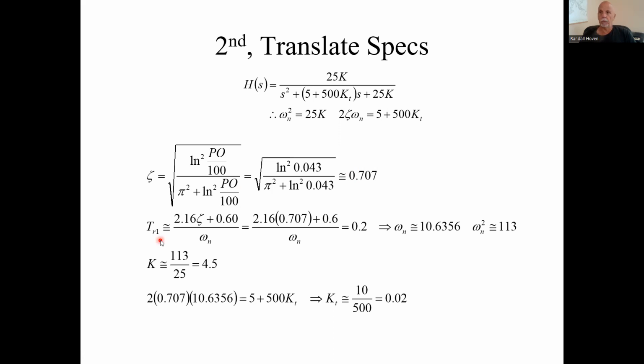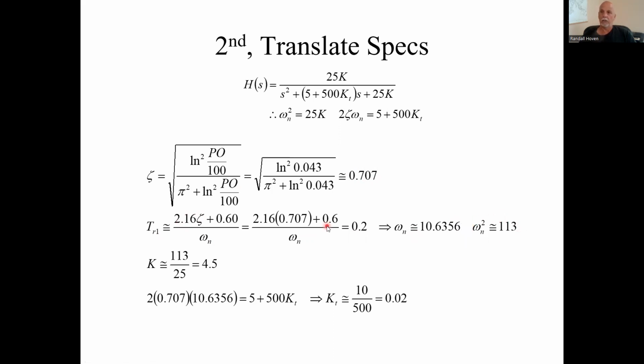And the other spec was a rise time spec. Now we have the zeta, we can plug that in there. That had to equal 0.2 seconds, so we can solve for omega sub n. This omega sub n is 113.